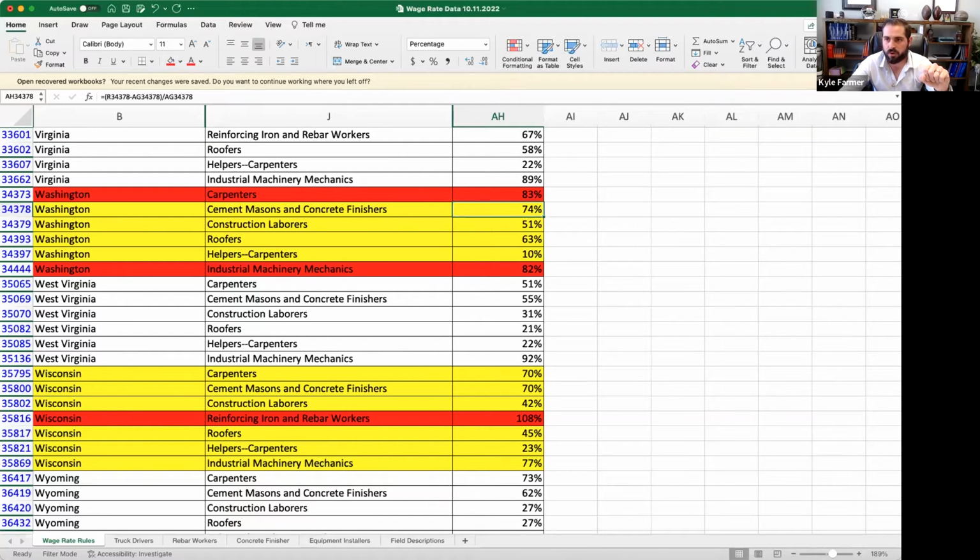So I'm not exactly sure how employers are supposed to effectively predict their cost whenever it could go up pretty substantially right in the middle of the season. The only thing that I can think of potentially doing would be having certifications that end sometime in July or August, and then filing with the new ones, and you would also have to increase your wage rate. So if wage rates go up in July, you have to increase your wage rates in July.